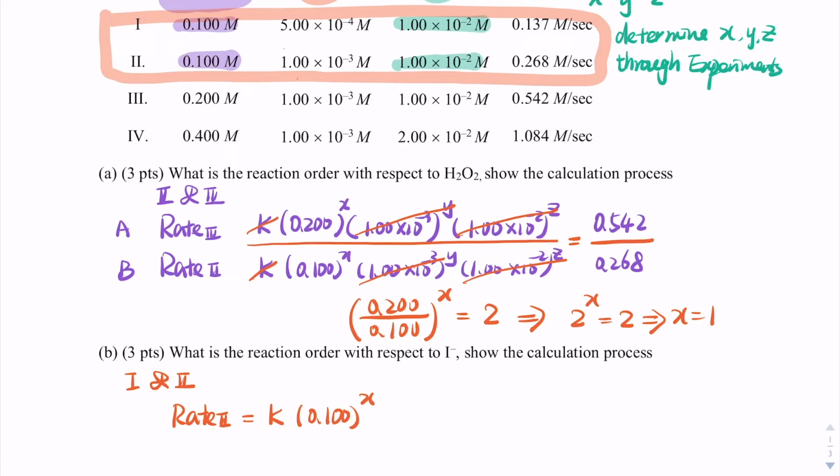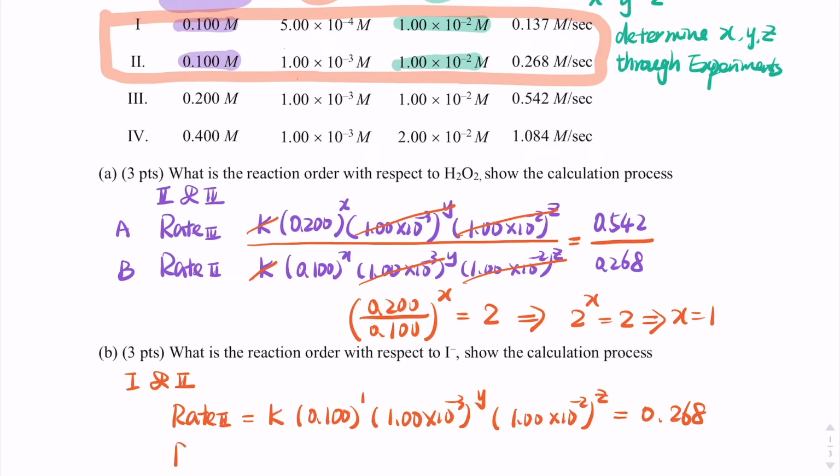Actually, I already know x is 1, right? So we can start to put that in. That's fine. And then you'll have 1 times 10 to the negative 3 as y, and you have 1 times 10 to the negative 2 as z, equals to 0.2268. So that's what you have.